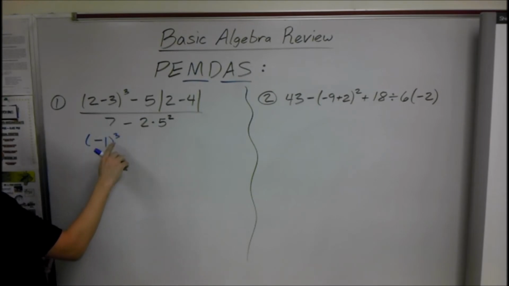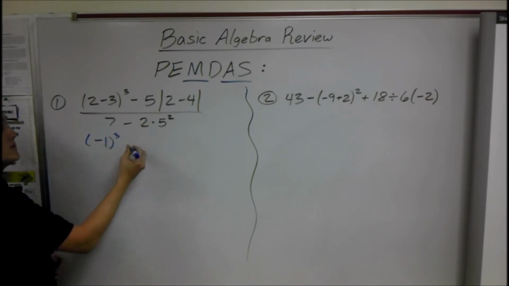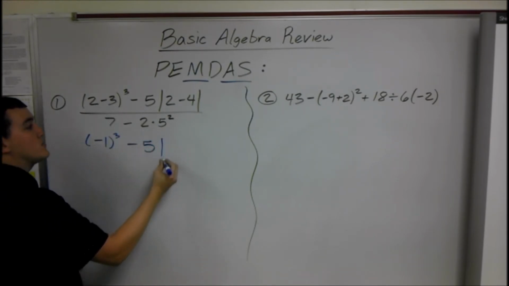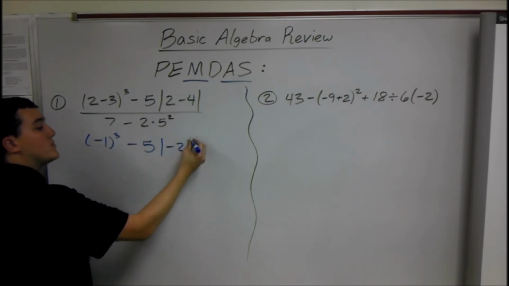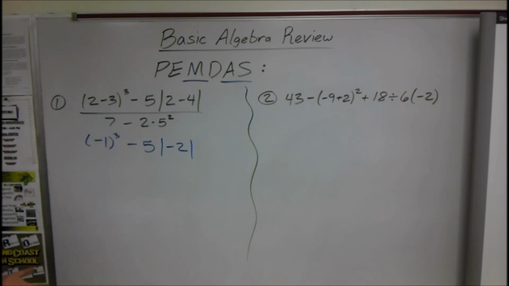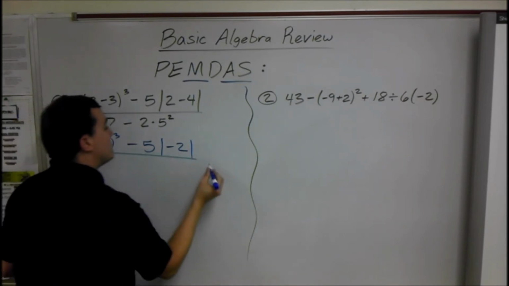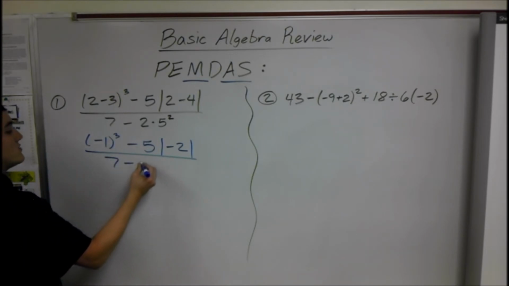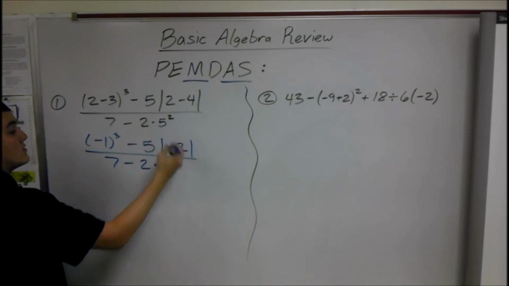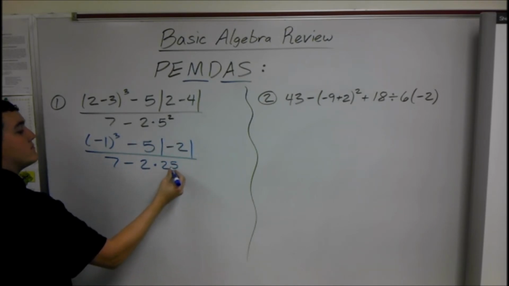Cubed means multiply it with itself 3 times. Minus 5 times the absolute value of 2 minus 4 is -2. So the absolute value of -2 is going to wind up to be 2. Over. Down at the bottom, we don't have any parentheses, so we can start with the exponent. 7 minus 2 times 5 squared is 5 times 5 is 25.